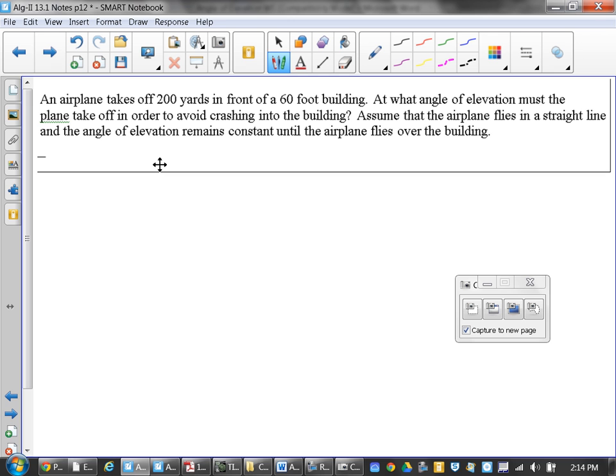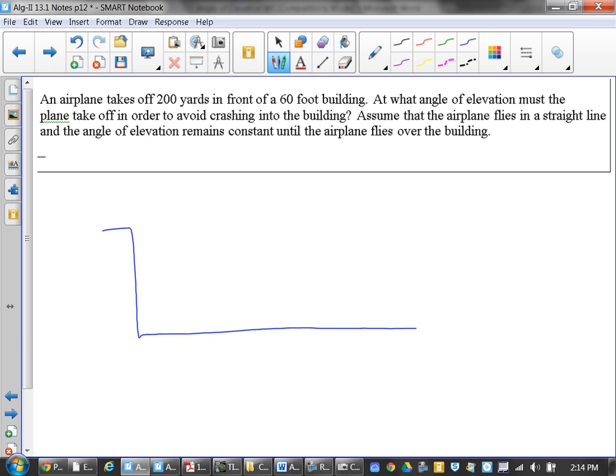Anyway, I don't think I'm that funny. This is just absurd. I have a question. Why don't we take the building and put it over there?